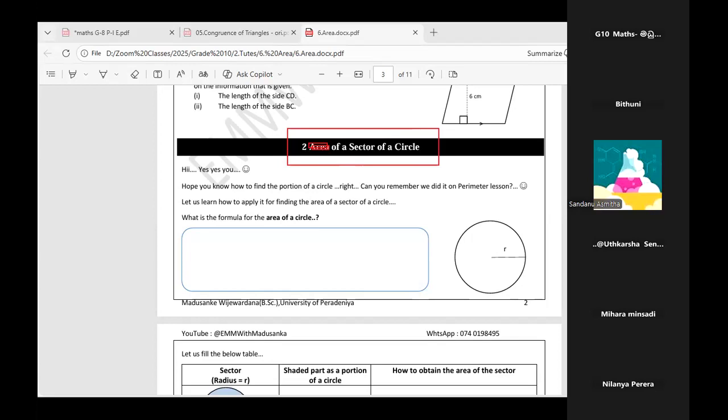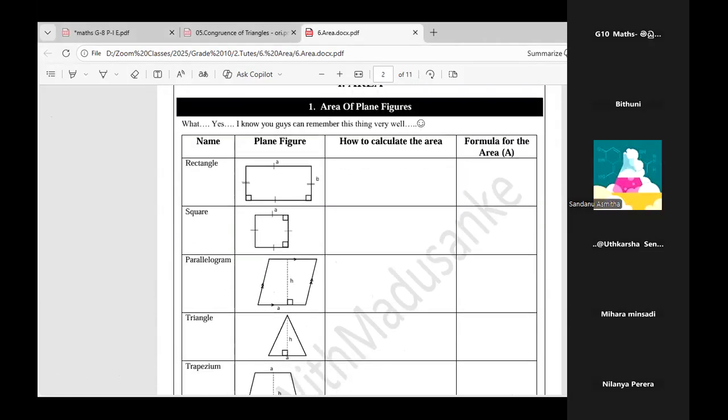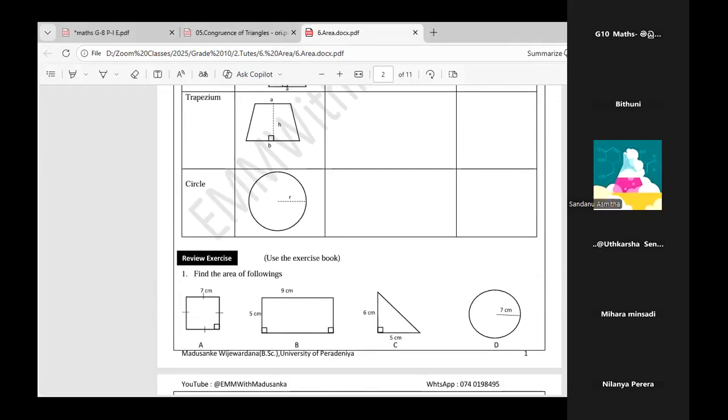Let's do this. Let's come to page number 1, and this one, page number 2.